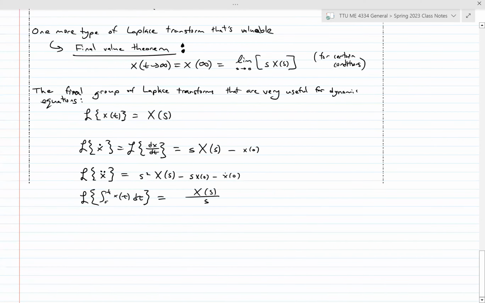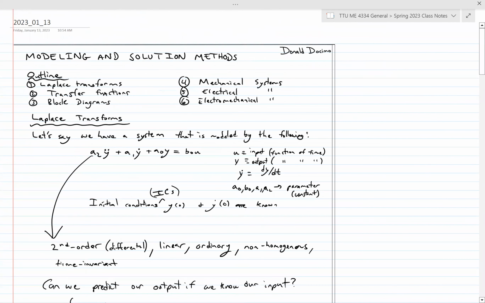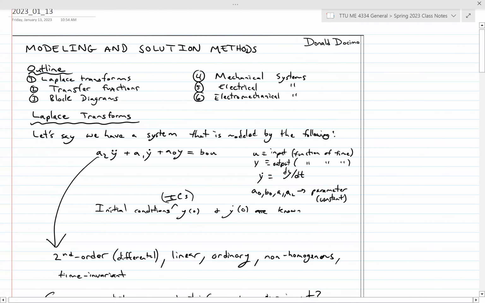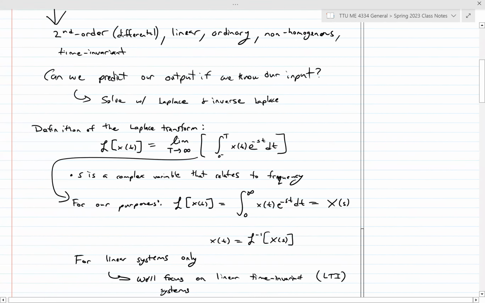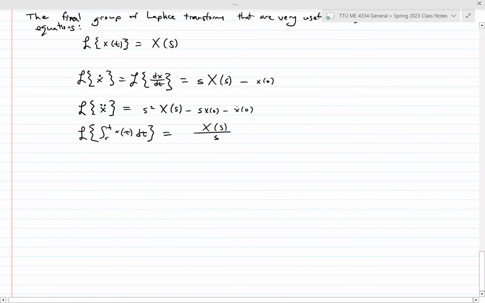All right, so remember where we started. We had a second order differential equation, where I asked, if we knew what u is, can we solve for y and predict what's going to happen to it? We said yes, we could use Laplace transforms and inverse Laplace transforms. So let's use what we just covered to do that.